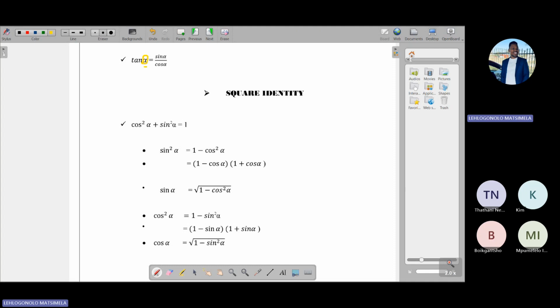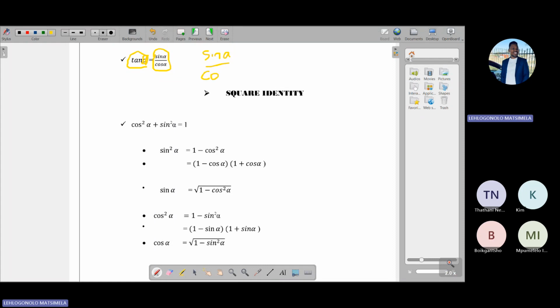So now it means your tan alpha, or tan of an angle, wherever you see it, is a sine of the angle divided by a cos of the angle. You can only do this if the angle is the same. So for example, if you are having tan A, you cannot say tan A is equal to sine A divided by cos B. You cannot do that.